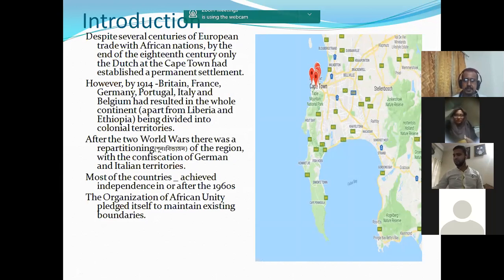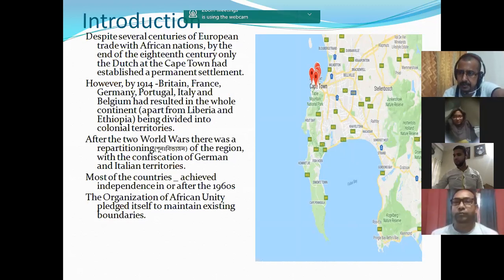The German and Italian powers had occupied some countries of Africa. After these two great world wars, the countries which were occupied by Germany and Italy were divided among other European countries. And most of the countries achieved independence in or after the 1960s.